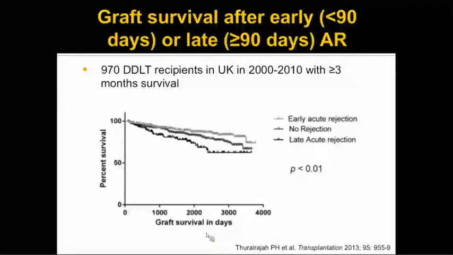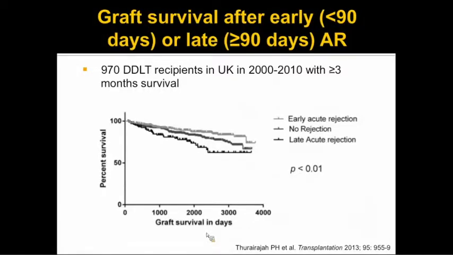This is another excellent study coming from Birmingham in the UK. And here they actually looked at 3 different categories: patients who had an episode of early rejection, patients who didn't have any rejection, and patients who had late rejection. And here they divided it by that 90-day threshold that I think we more commonly think of.